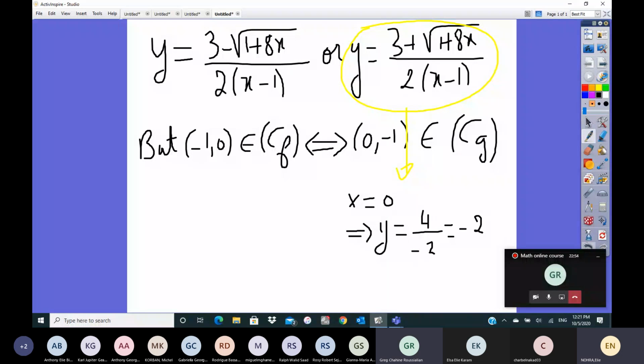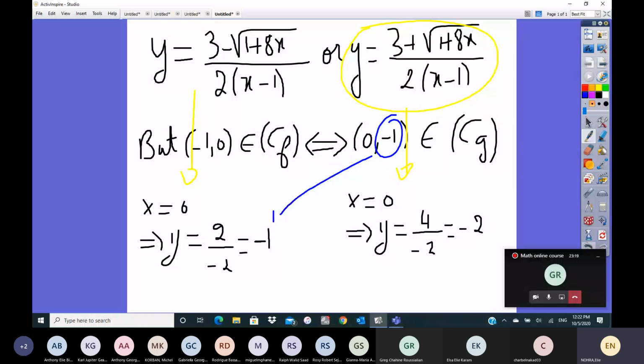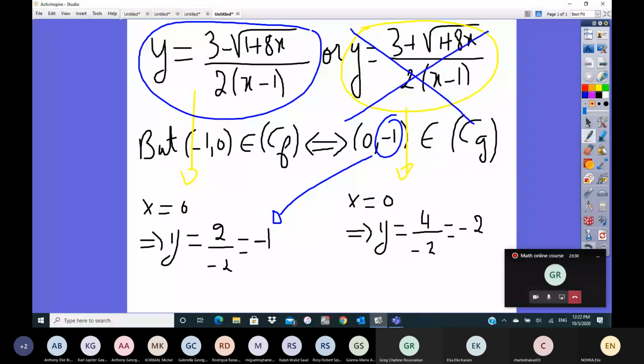Correct? Now replace x by 0 over here, Greg. Here it becomes 3 minus 1 over 2, over minus 2 minus 1. Which of them is the right one? Look at them. You must get minus 1. Did you see? This is the inverse function, but not this one.